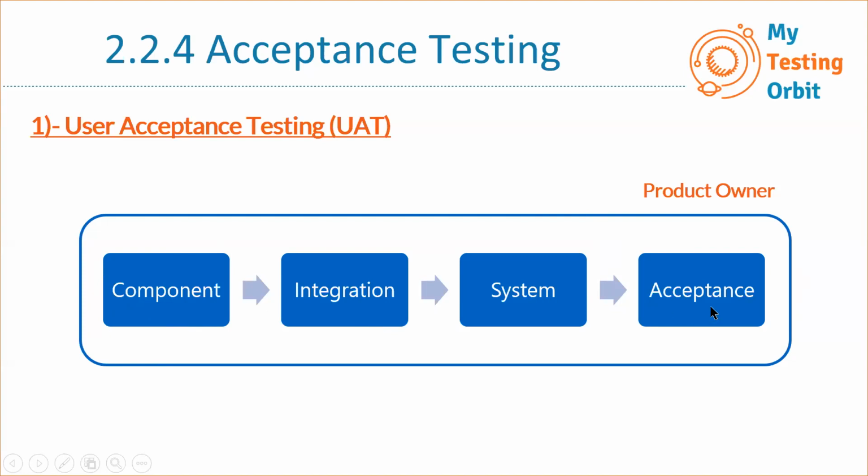The only change would be that the acceptance testing will be done by the product owner or maybe a stakeholder, someone who actually provided the requirements based on which that product or system was developed. So these are two scenarios. Sometimes UAT is done by the client, a third party, or by someone from the business, product owner, or stakeholder, who is basically representing the end user.